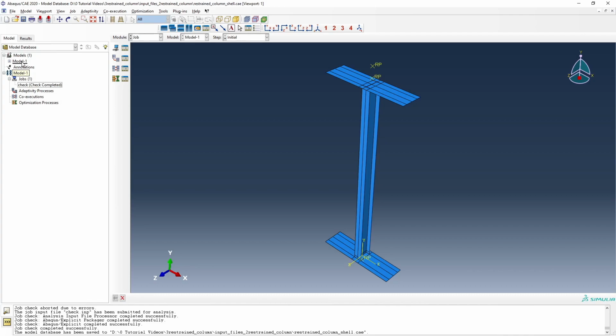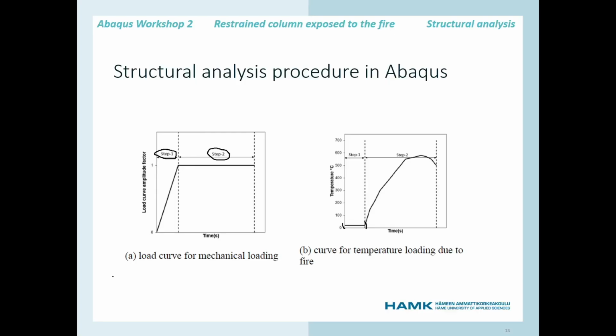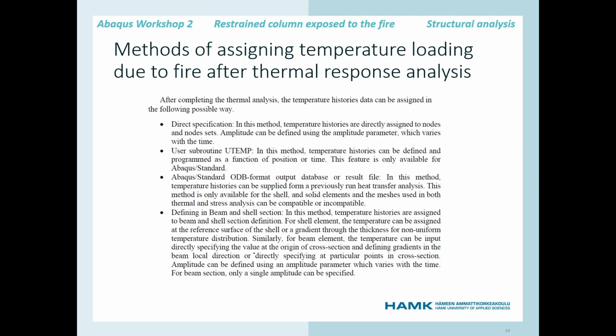We will now try to include the imperfections, and in order to do so, I have already talked about this one, because in this model we use these direct specifications of the temperature field assignment, and in the previous examples we have used the result from the previous thermal analysis, and also in the first tutorial we have used this in the section definition.